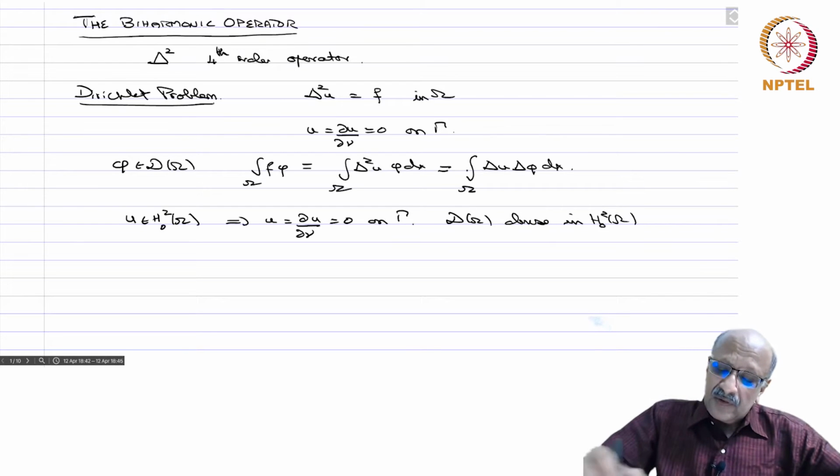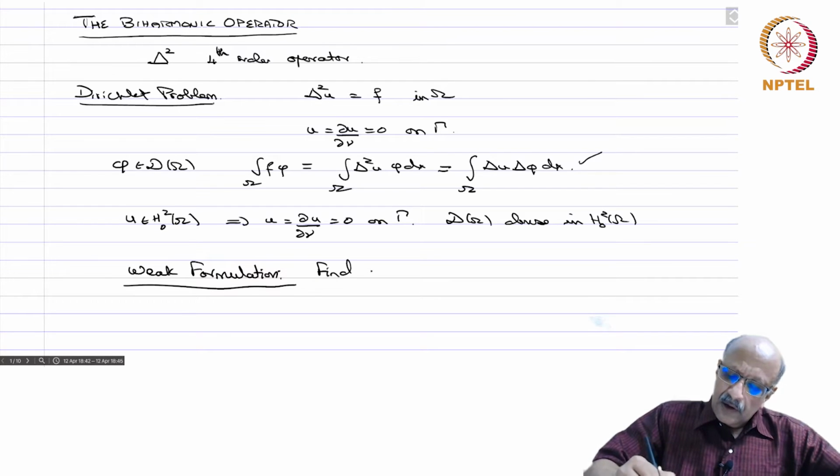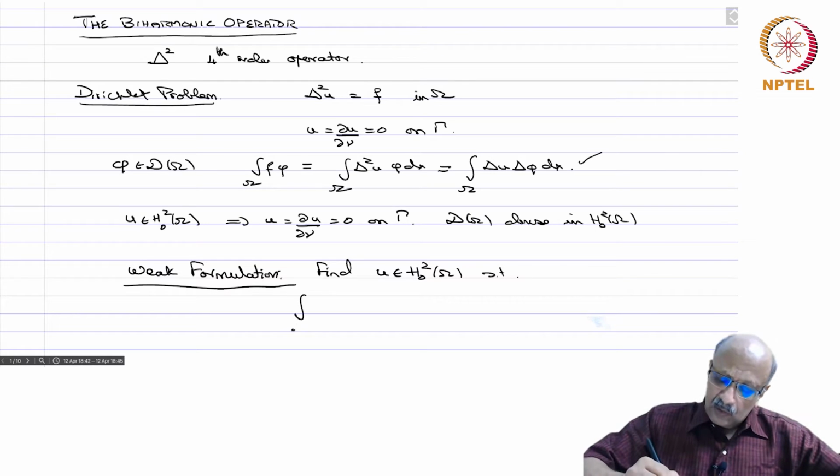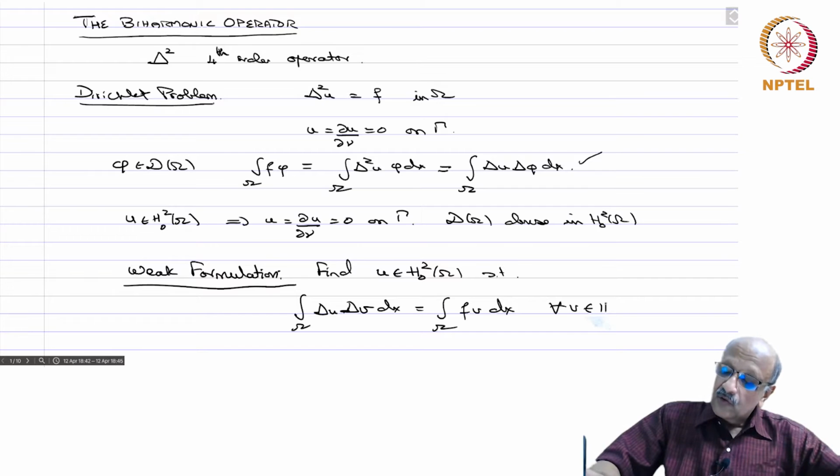Both sides of this equation are continuous with respect to the H^2(omega) norm, and therefore we have the weak formulation: find u in H^2_0(omega) such that the integral on omega of delta u delta v dx equals the integral on omega of fv dx for every v in H^2_0(omega).